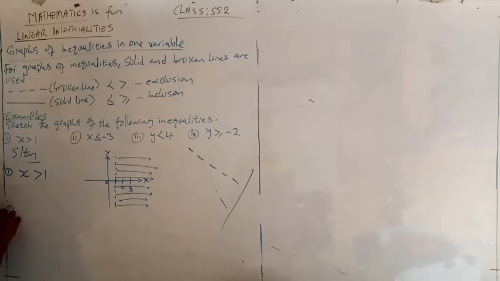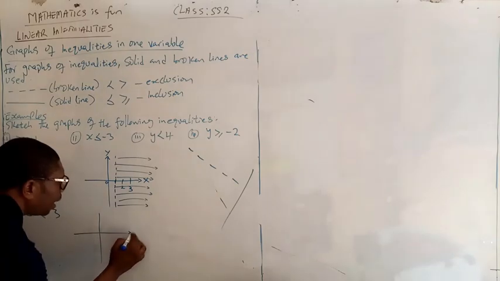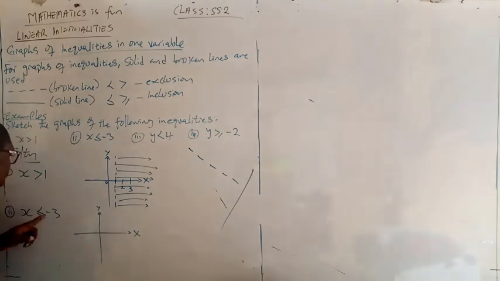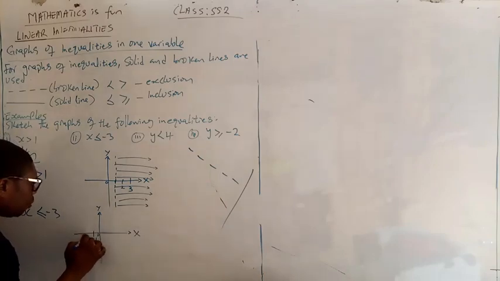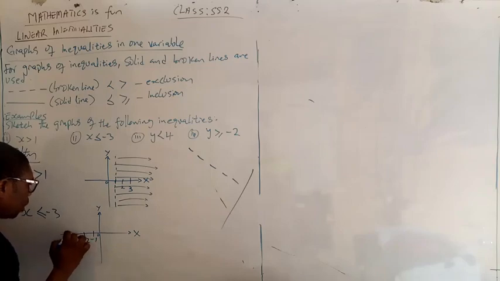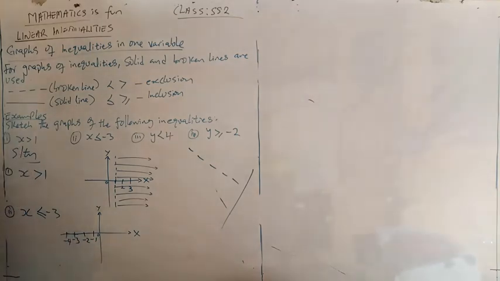Example number 2. We have x less than or equal to -3. Let me go back to the Cartesian plane. It is still on the x axis and it says -3. That shows I'm not going this way, I'm coming to this other side. -1, -2, -3, -4, and so on. Less than or equal to, let me first get where x is equal to -3.